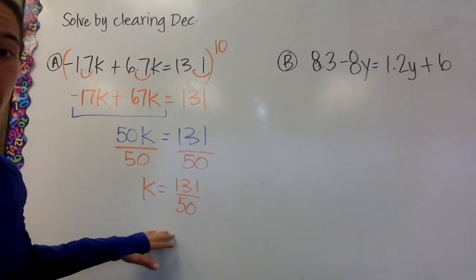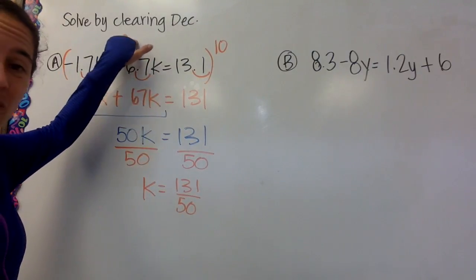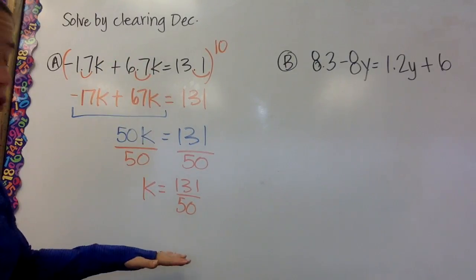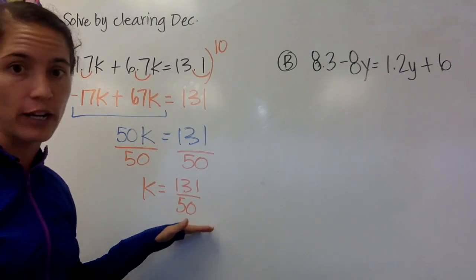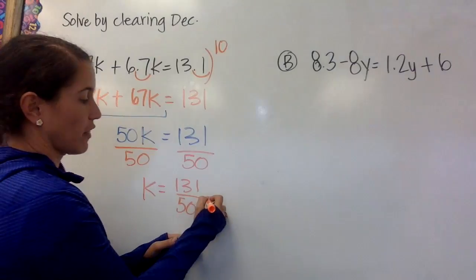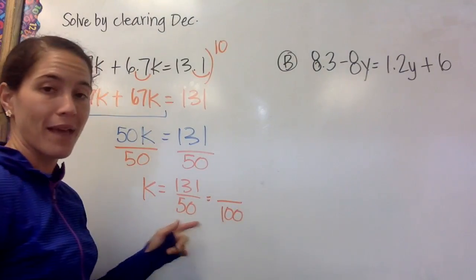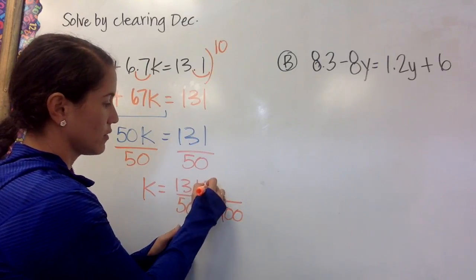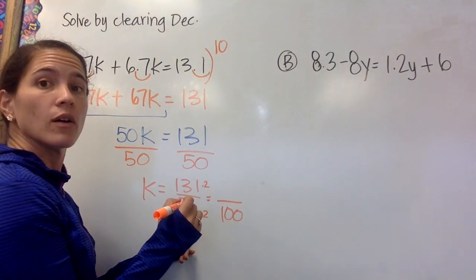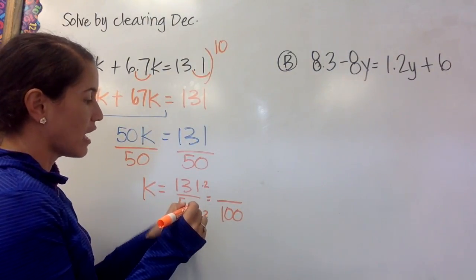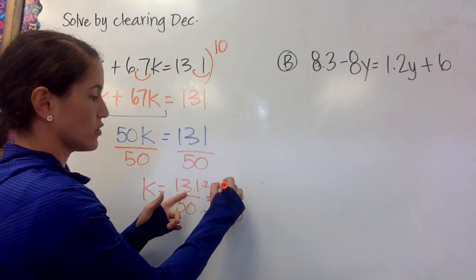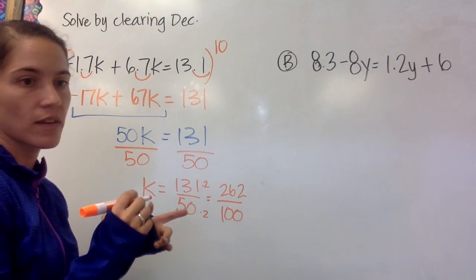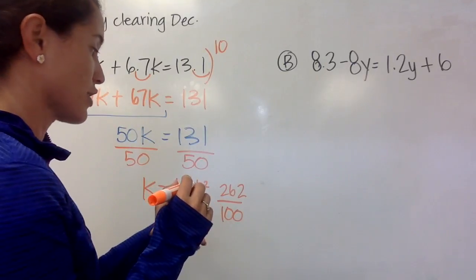Now, that's a fraction, but we started in decimals, so we need our answer to be back as a decimal. We already know how to convert fractions to decimals, but this one is nice because we can make a denominator of 100. So I did times 2. And if I multiply the top times 2, I'm going to get 262 hundredths.